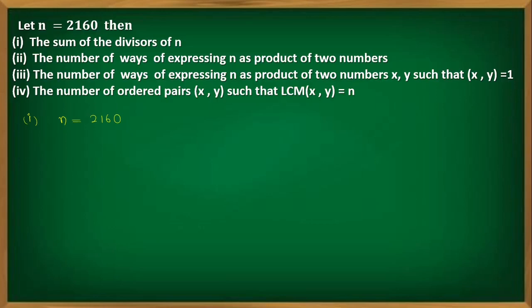Just now I wrote the canonical form of this, which is 2 to the power of 4 into 3 to the power of 3 into 5 to the power of 1. So now what is the sum of the divisors? P1 means the first prime: 2 to the power of alpha 1 plus 1, which means 4 plus 1, minus 1, divided by 2 minus 1.